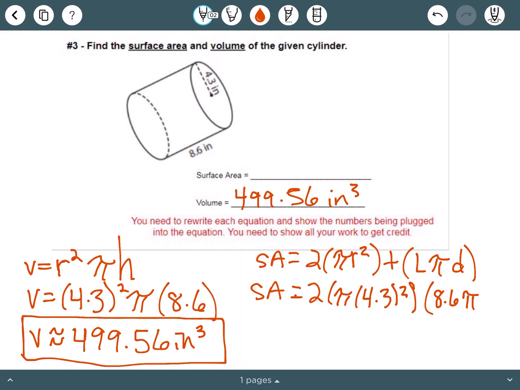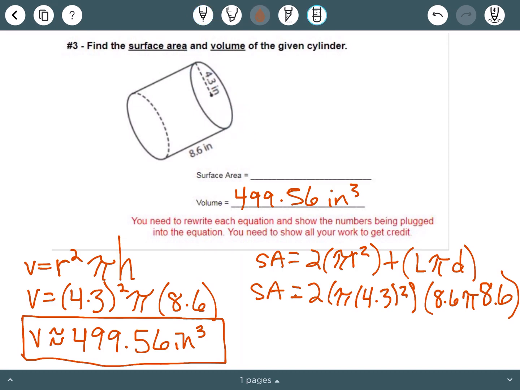If radius is halfway across the circle, then all the way across the circle is going to be 2 times the radius. So we just do 4.3 times 2. Would you look at that? Our diameter is the same as the height. Very interesting.